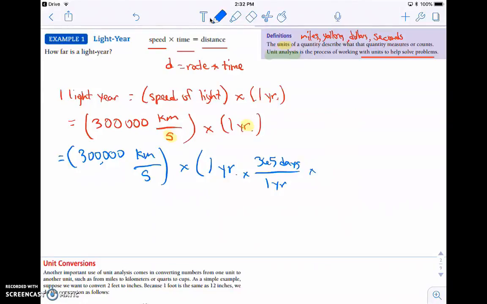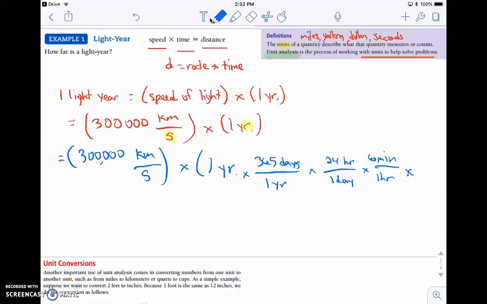And so that takes us from years to days. And then we can go from days to hours. So there are 24 hours for every 1 day. And then we can go down from hours into minutes. So there are 60 minutes for every 1 hour. Again, all of these are equivalent to 1. So when we times it, we're not changing the problem.